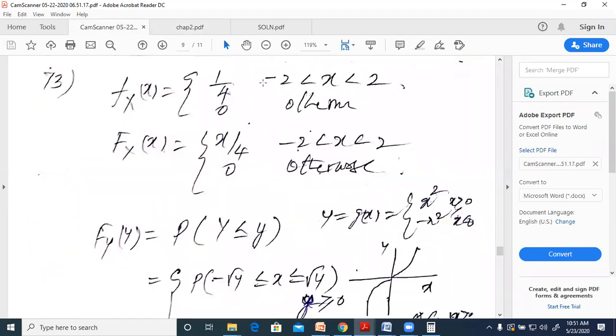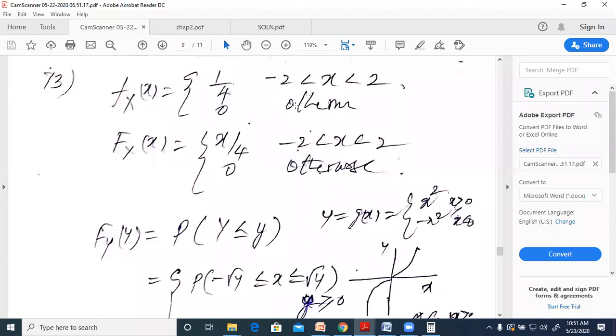Because it is between minus 2 to plus 2, the total range is 4. So therefore, for the area under the PDF to remain 1, we should have this as 1 by 4. If you integrate this, then you'll get x by 4 within this range, and 0 for less than minus 2. This is again a mistake over here.